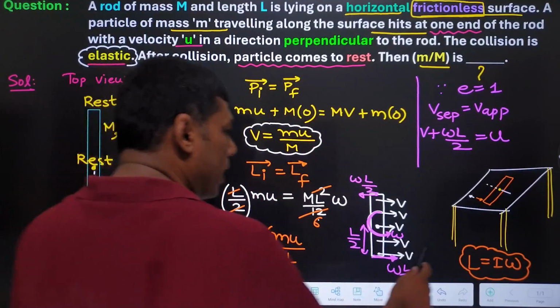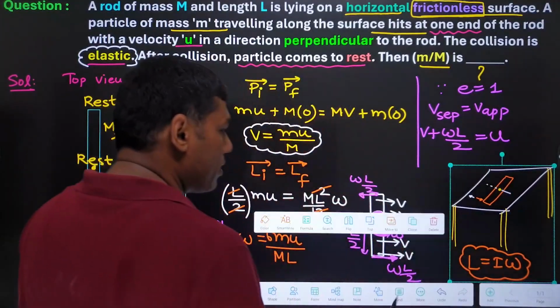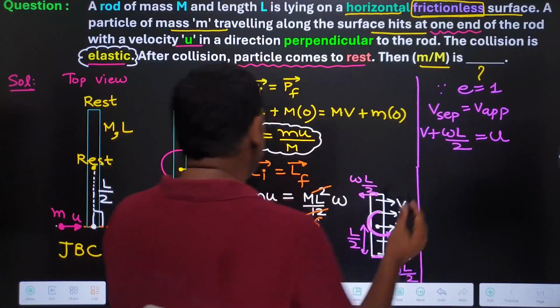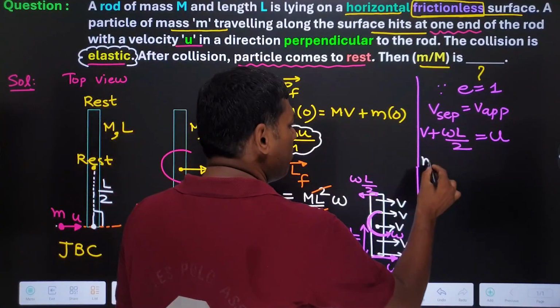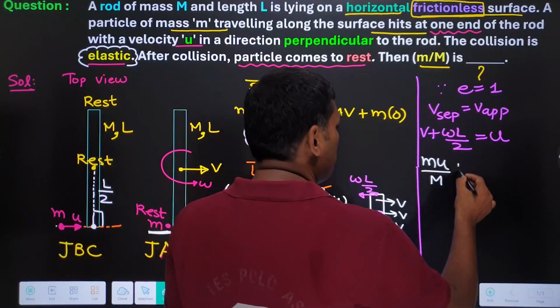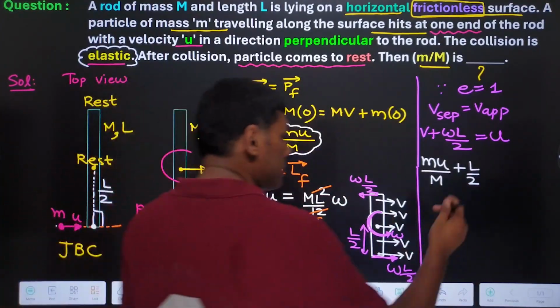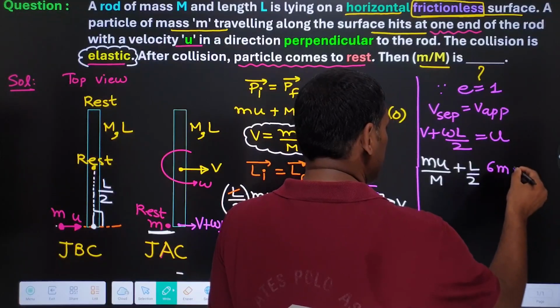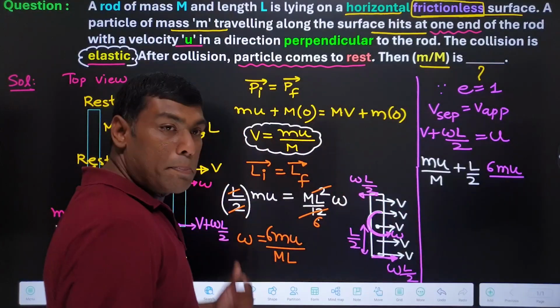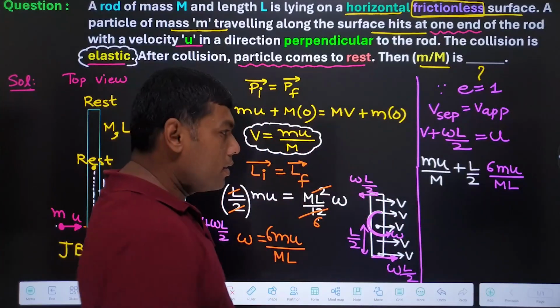Now we don't require this table, so I'm just deleting it. For calculation purpose, we require some space. V is equal to m small u by capital M, plus L by 2, and that omega is 6 mu by capital ML. Agree with this?